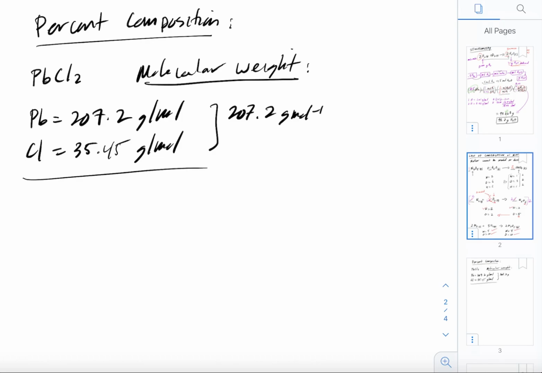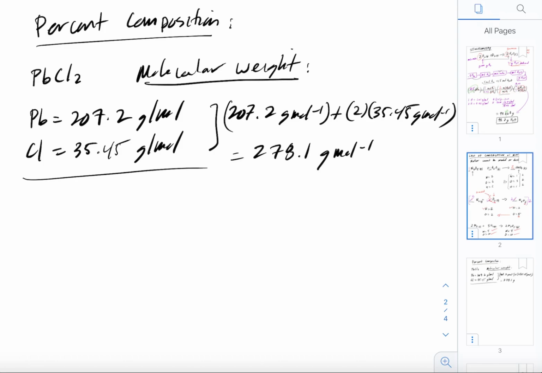Now, one thing I want to point out is I can write grams per mole two ways. One is mole to the negative 1, and I'll show you in a sec. But first, I'm just going to write out multiplying the mass of chlorine by 2, because we have two chlorines, to give me the molar mass of lead chloride, which is 278.1 grams per mole. And then I'm going to show you that 1 over x is equal to x to the negative 1.